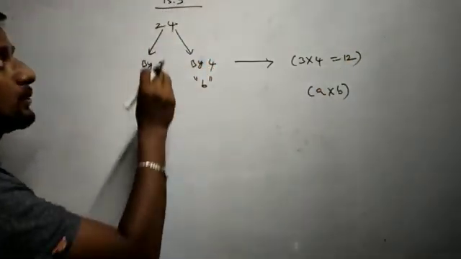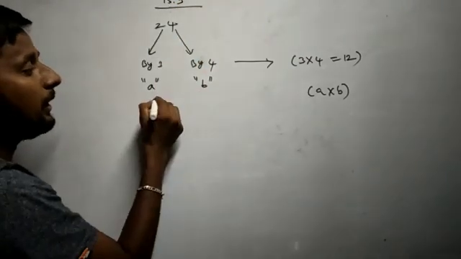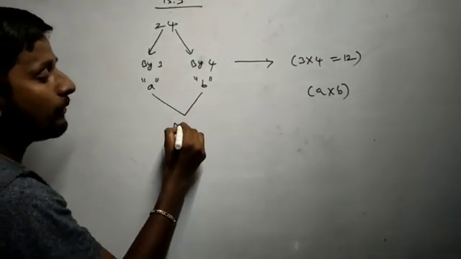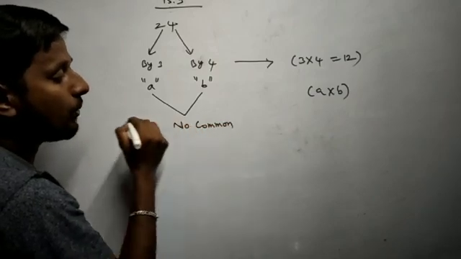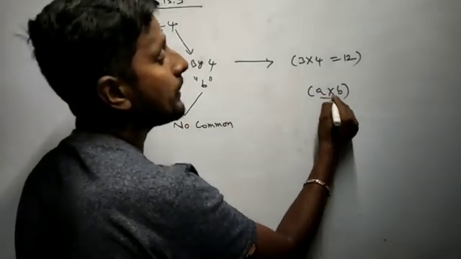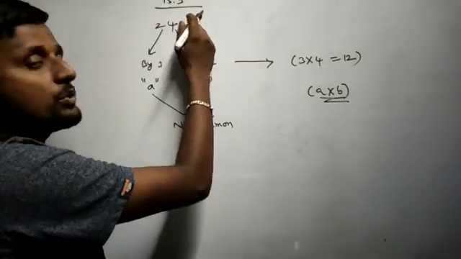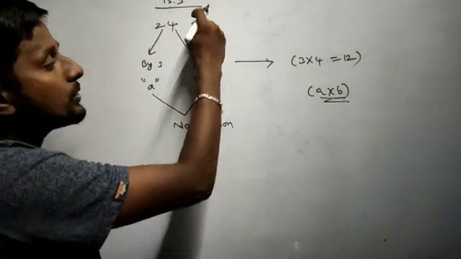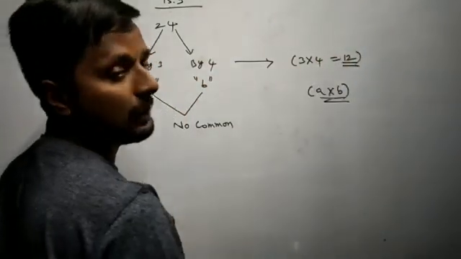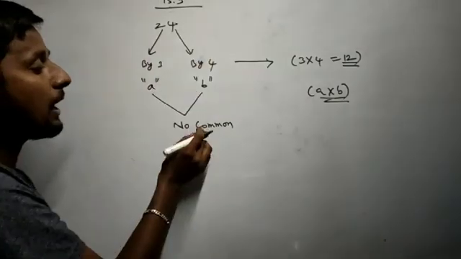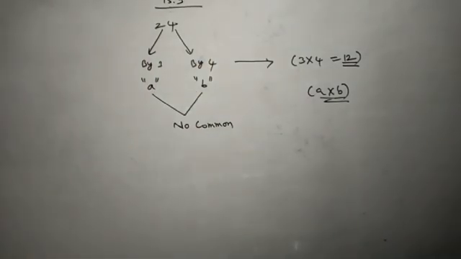So if a number is divisible by A, and also divisible by B, and they have no common factors, then it is also divisible by A times B. Example, 24 is divisible by 3, 24 is also divisible by 4, then 24 is also divisible by 12. And look, 3 and 4 have no common factors, right?